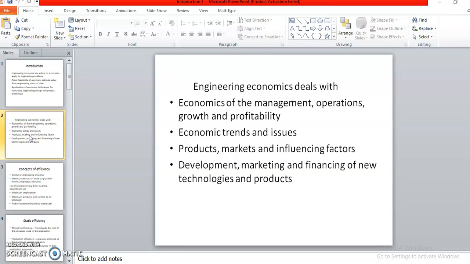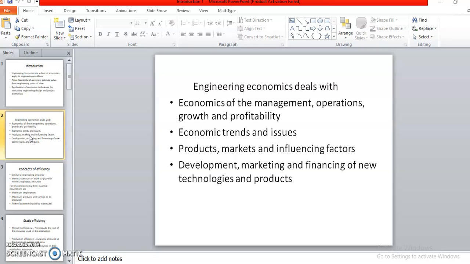Also, this economics is related to the trends and issues that we observe for that particular firm. Economic trends and issues are observed for that firm. Again, we can relate this economics to the products of that firm. What market is available for the product of that firm, and what other influencing factors affect the market of that product.